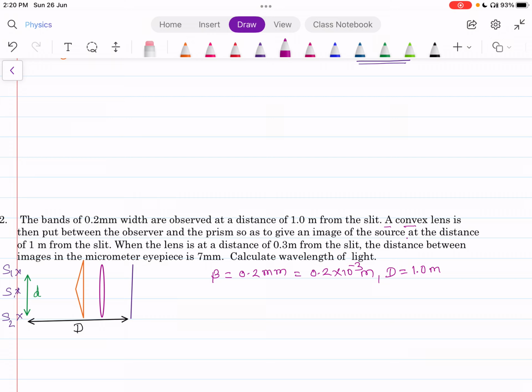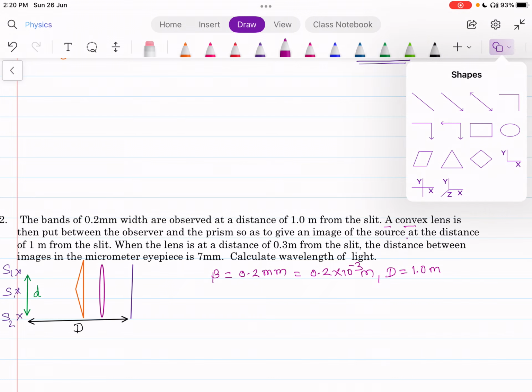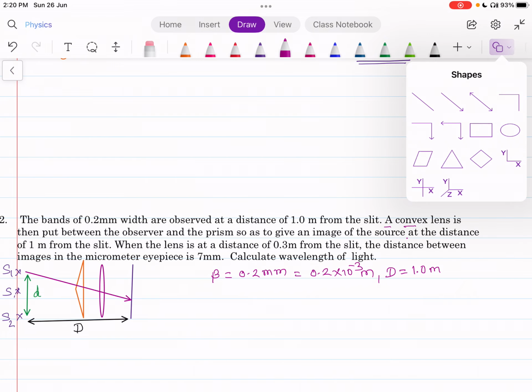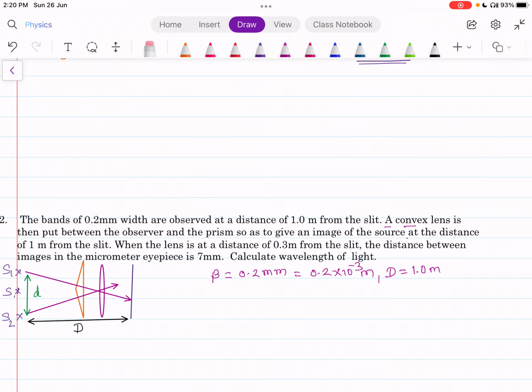So by putting that, we are getting the image of the virtual source S1 and the image of the virtual source S2 on the screen, which is 1 meter apart. That is capital D, which is 1 meter.